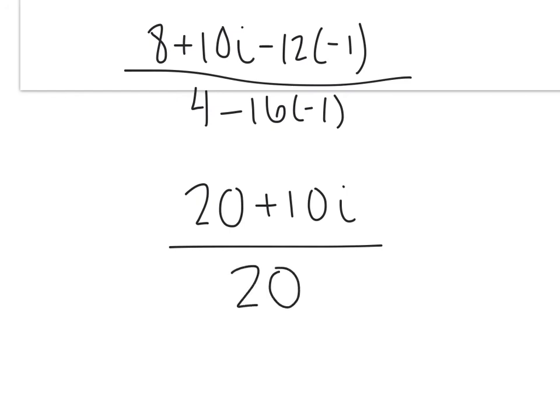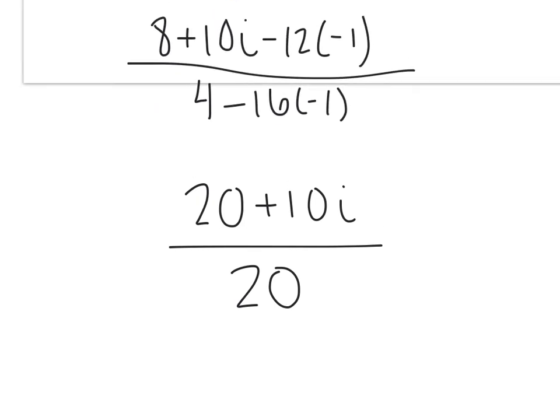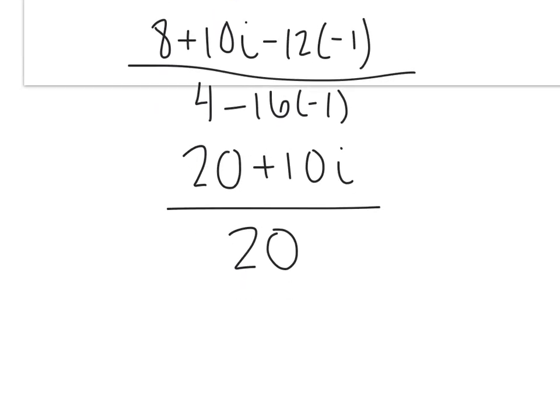And so then I can simplify all of this. And there's two ways that you can write your final answer. Oh, that's not what I wanted to do. There we go. Okay. There's two ways that you can write your final answer. So I can divide everything by 10, and so you could write this as your final answer. Like that.